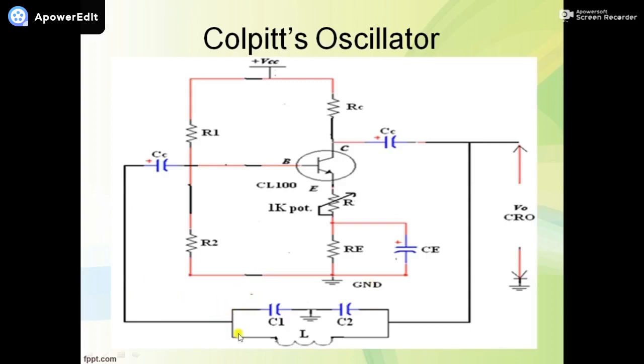But at the output of the LC tank circuit we get a damped signal, which means A beta is either greater than or less than 1. That is not a proper signal, so to get a sustained or undamped oscillation we need to use the amplifier circuit.